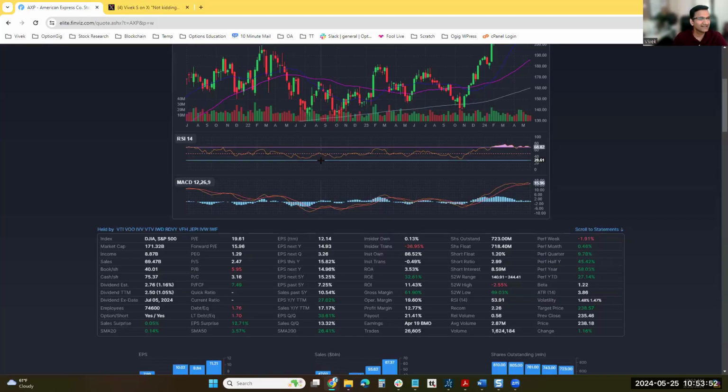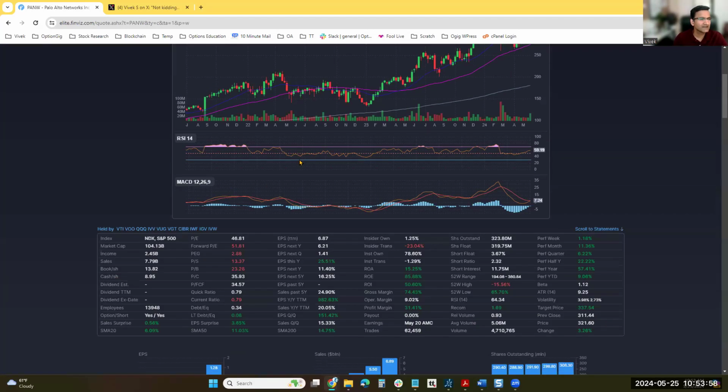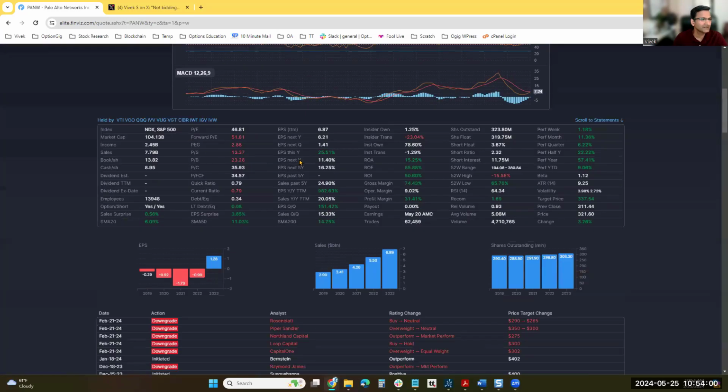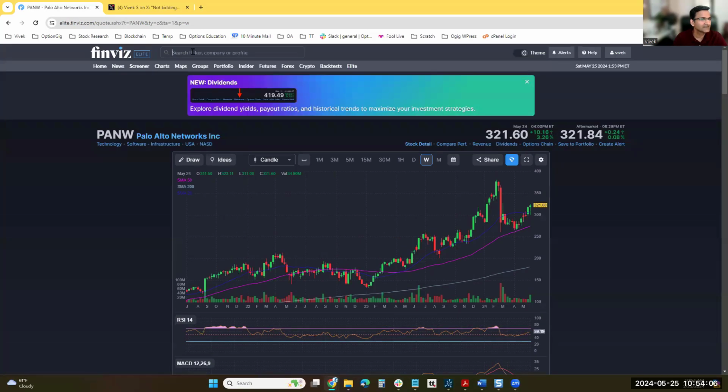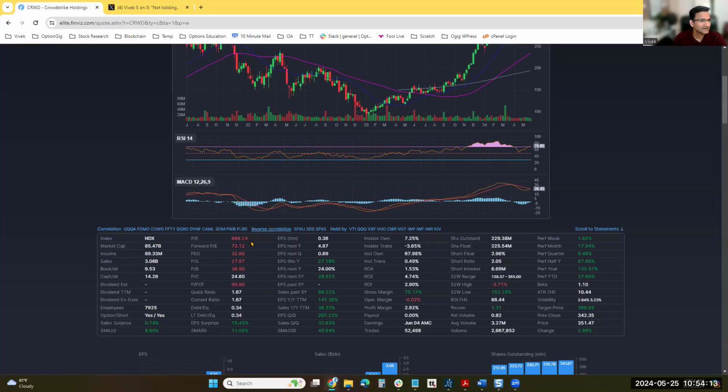So let's look at it from a multiple perspective. PANW, what's the multiple according to Palo Alto Networks? 46, PEG is 2.88, price to sales 13. What's CrowdStrike? Price to sales 27, PEG is 32.